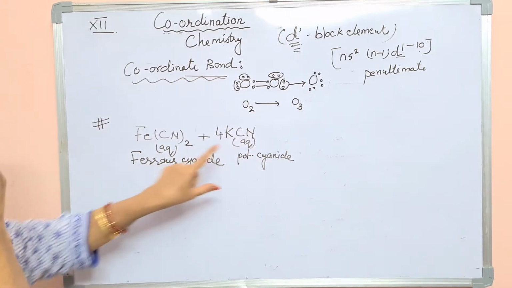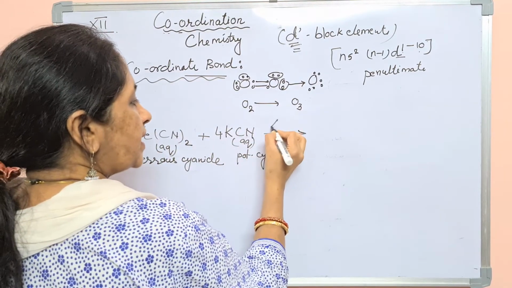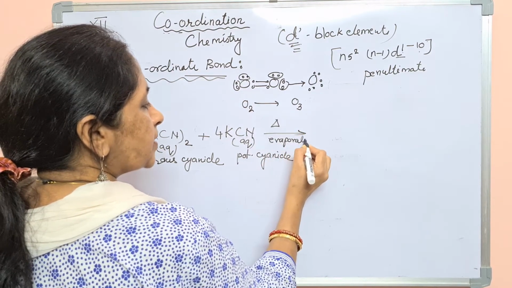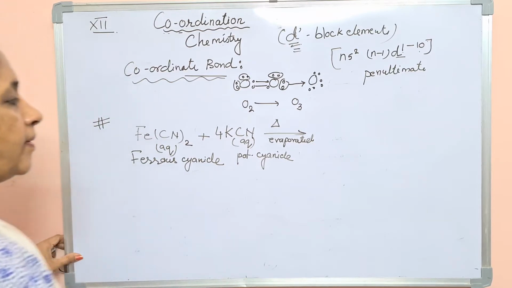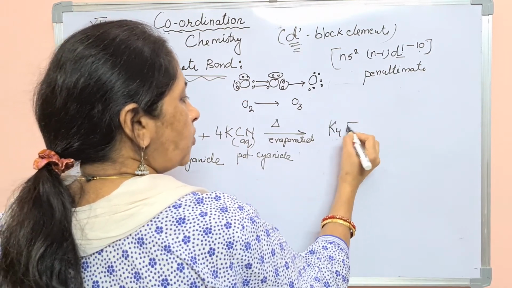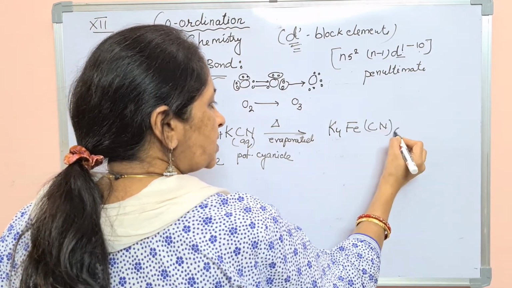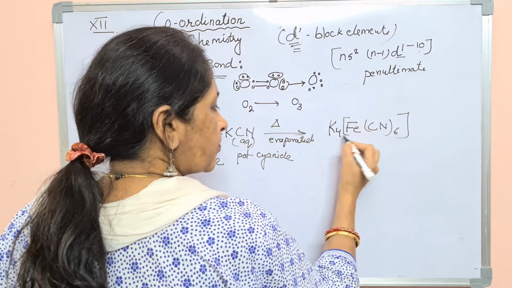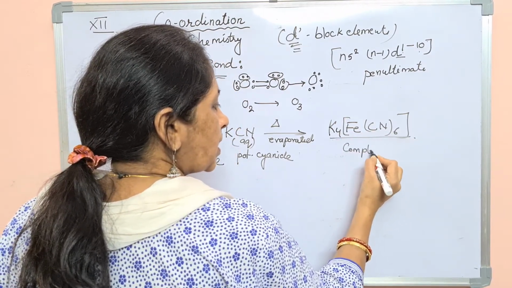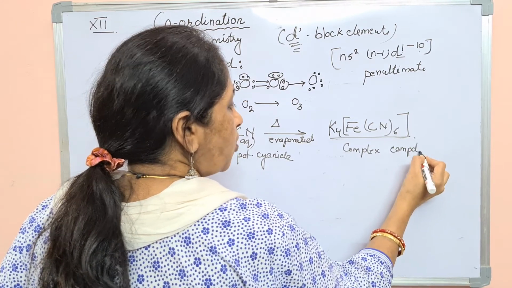When these two solutions are mixed, heated, and the solution is evaporated, then the complex compound K4Fe(CN)6 is formed.